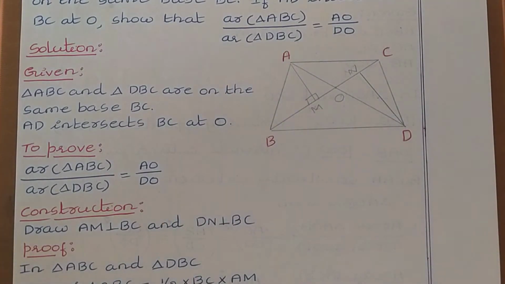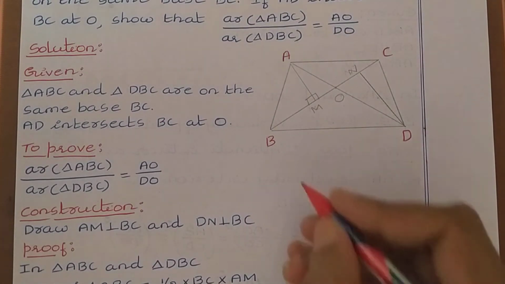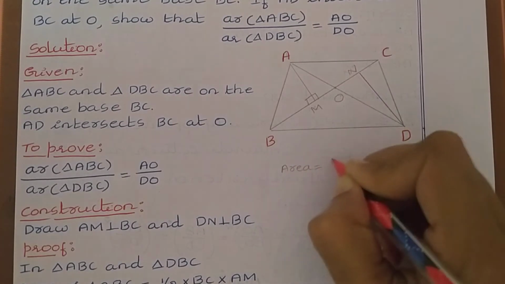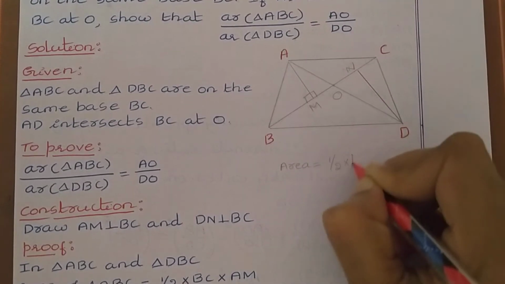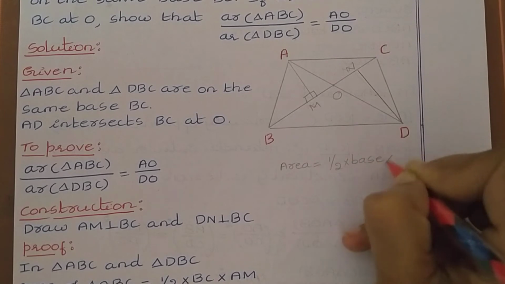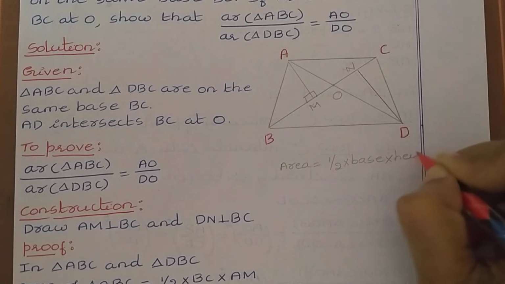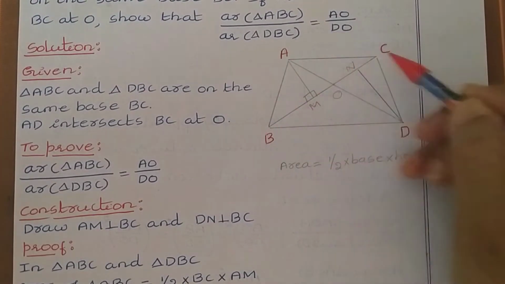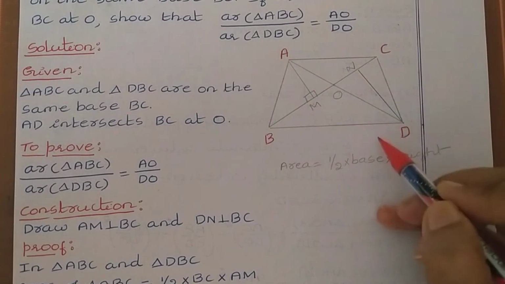So how to find the area? To find the area, we use the formula: area of any triangle is equal to half into base into height. So using this formula, now we need to find the area of triangle ABC and area of triangle DBC.